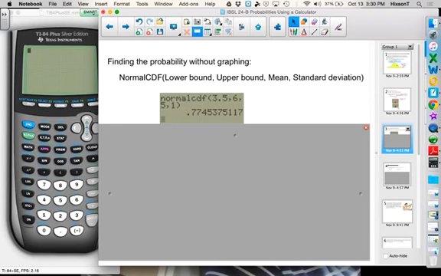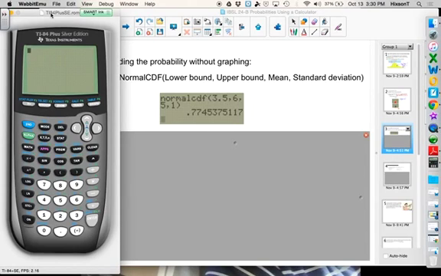So to do the previous problem that we just looked at, instead of graphing and using the integral, we can go to distribution and use the second option here, normal CDF. Our lower bound was 3.5.